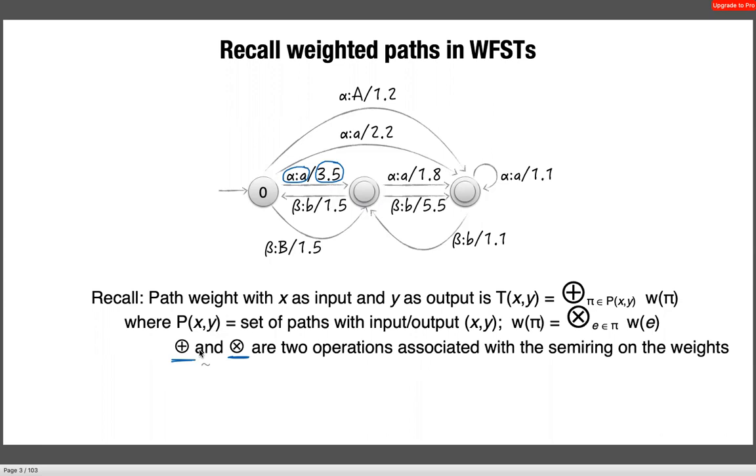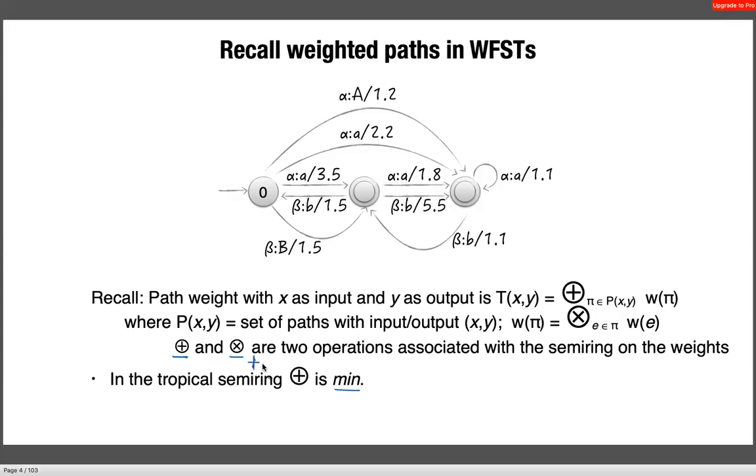If you're working with the real semi-ring, then the sum operation is just the plus operator, and the product operation is just your standard times operator. But if you're working with, say, the tropical semi-ring, then the plus operation is the min operator, and the times operation is the plus operator.